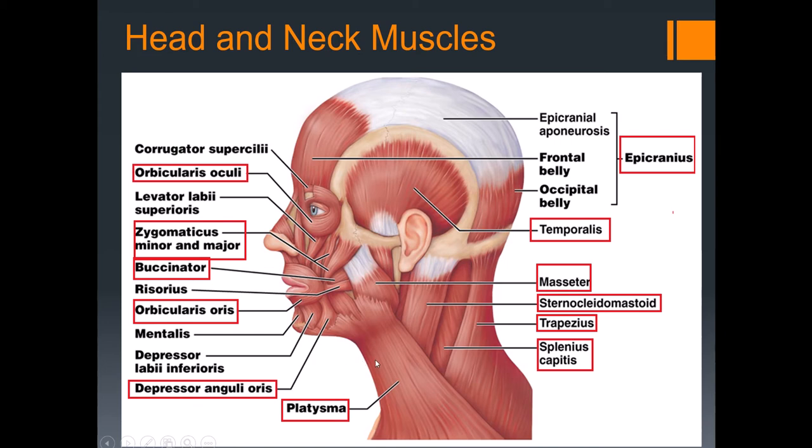The platysma tenses the skin of your neck, and it is more superficial than the digastric, so you can't actually see the digastric here. You would have to strip away the platysma here.